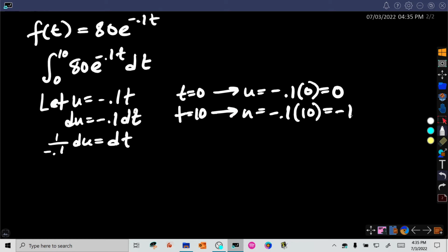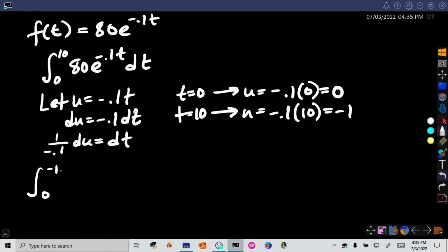So again, the order matters. So you have to go from the lower to the upper. So this is going to turn into the integral. The lower bound is 0. This is going to be a minus 1. I know it's kind of weird because usually you think upper bound is like a bigger number. That's not necessarily the case here. Okay. In fact, there's a specific property.